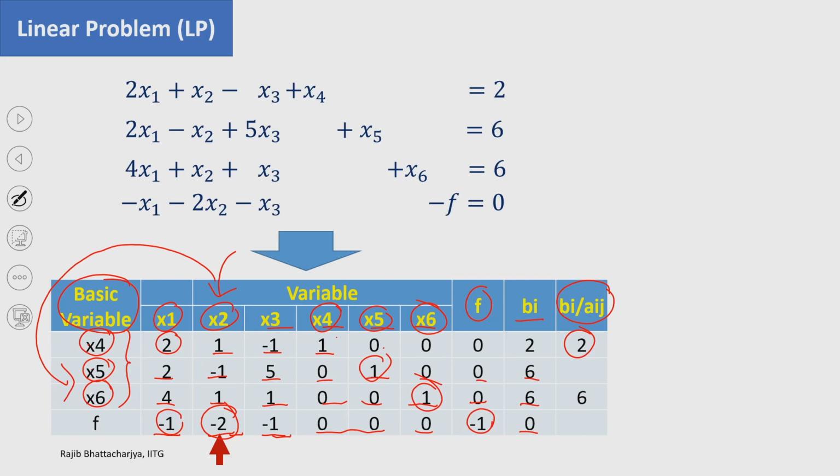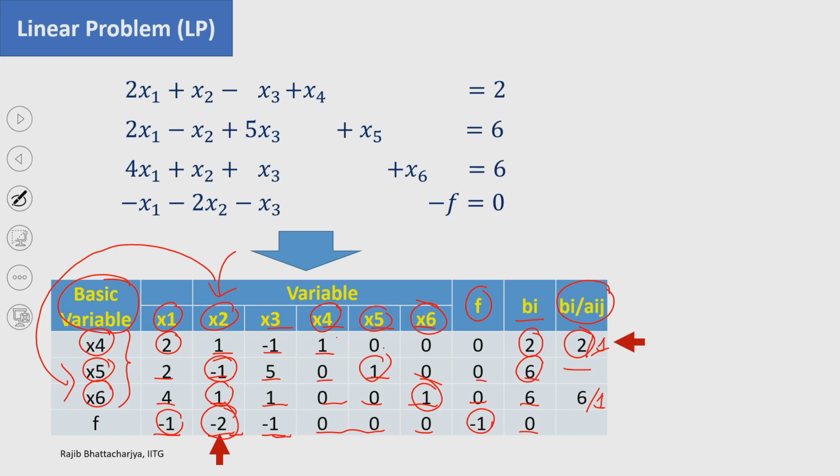In the first equation the right hand side is 2 divided by 1, so I am getting 2. The second I am not considering because the coefficient is negative. And the third one, the coefficient is positive, that is 1, so 6 by 1. So, I am getting 6 and this is 2 by 1, I am getting 2.